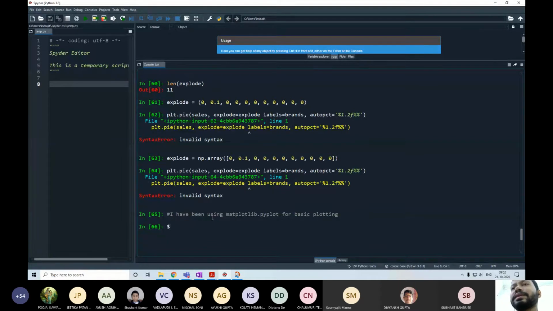There are other libraries in Python which are also used for nicer plotting. I think one is called Seaborn or Seabeans, something like that. So let me check.